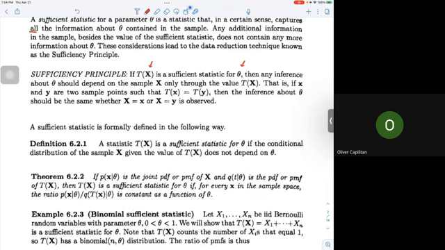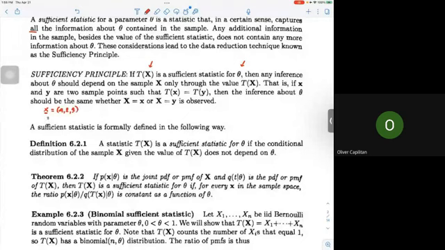Say for example, we consider as our statistic the sample mean. If we have an observed sample which is bold X here, considering that we have three random variables, the first value we have 4, next one we have 2, and then the next one we have 3.